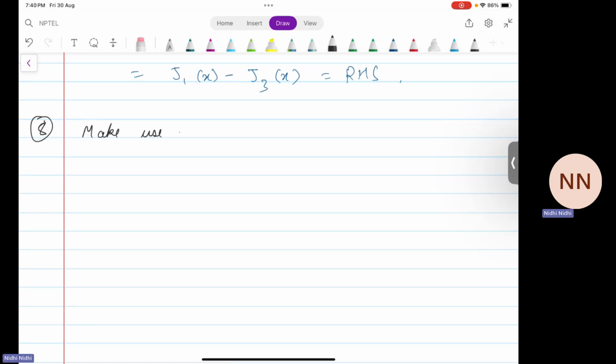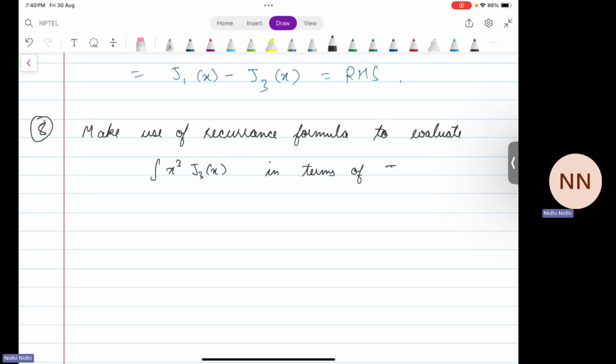Make use of recurrence formula to evaluate integral x cube J3x in terms of J0, J1 and J.